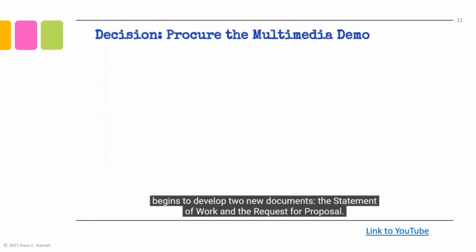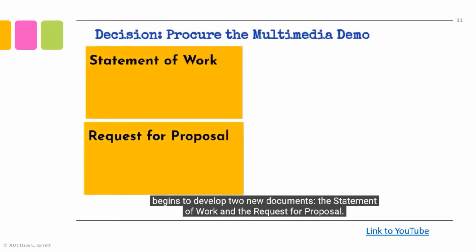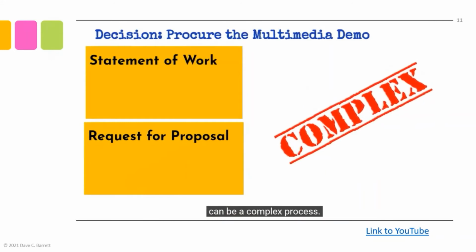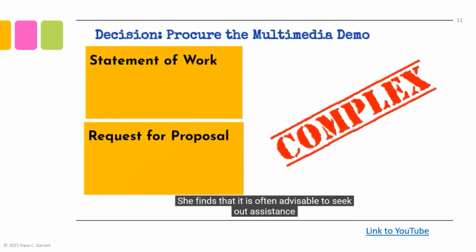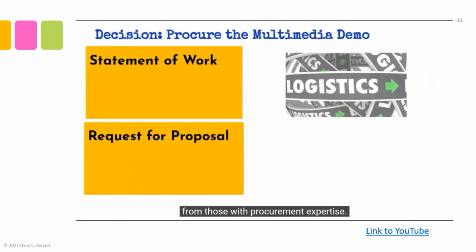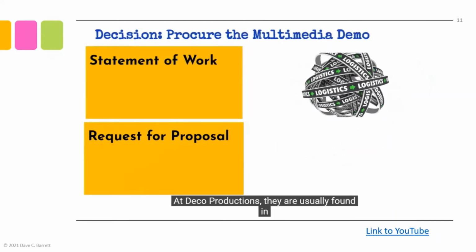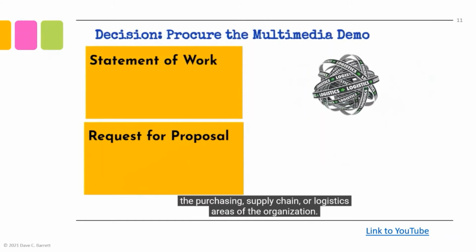With the decision to procure the multimedia demo from outside the organization, Sophie begins to develop two new documents, the statement of work and the request for proposal. Sophie knows that the procurement process, especially for large procurements, can be a complex process. She finds that it is often advisable to seek out assistance from those with procurement expertise. At Deco Productions, they are usually found in the purchasing, supply chain, or logistics areas of the organization.